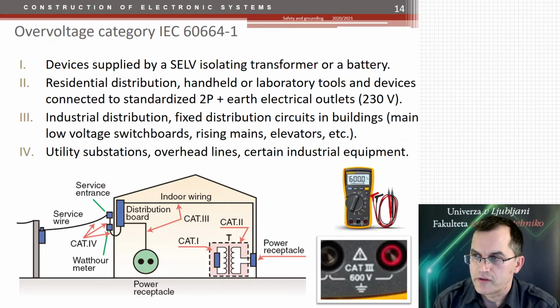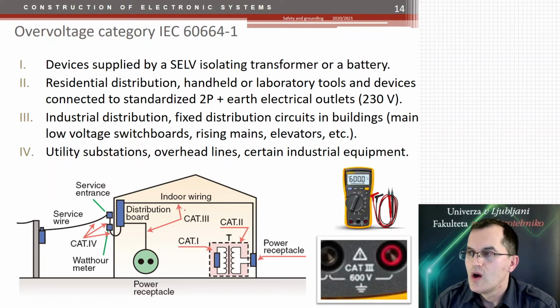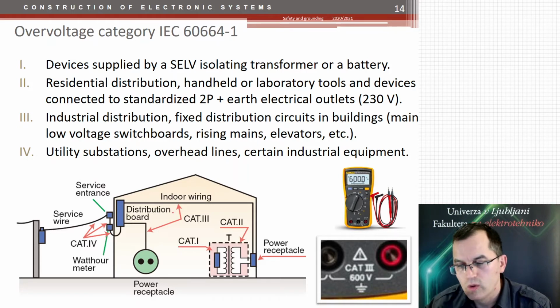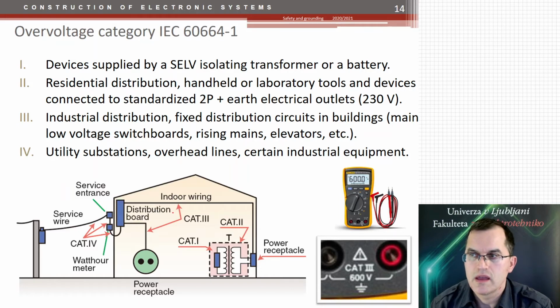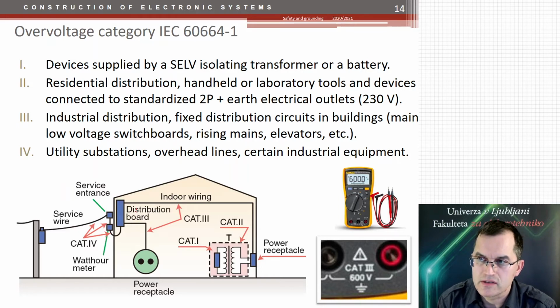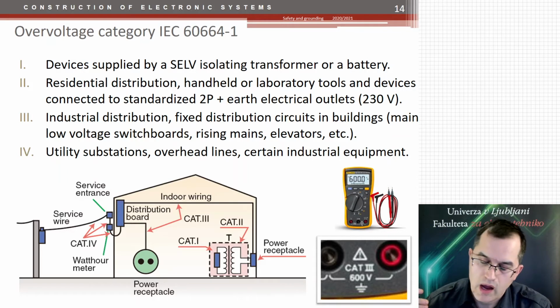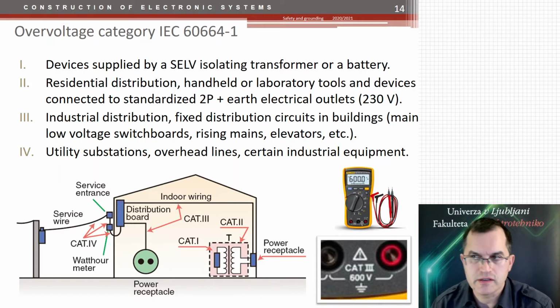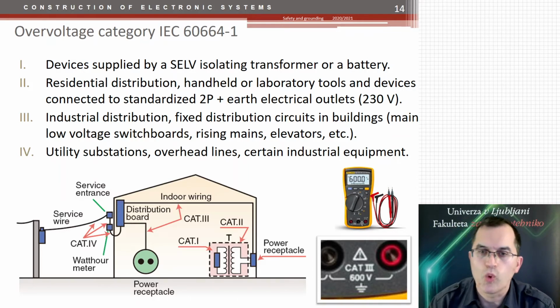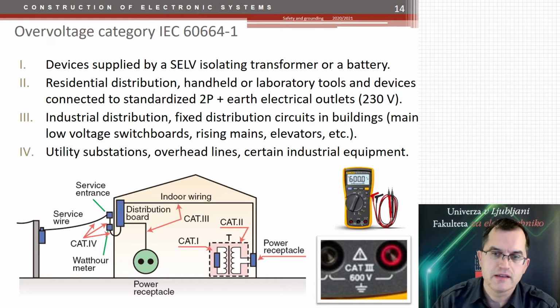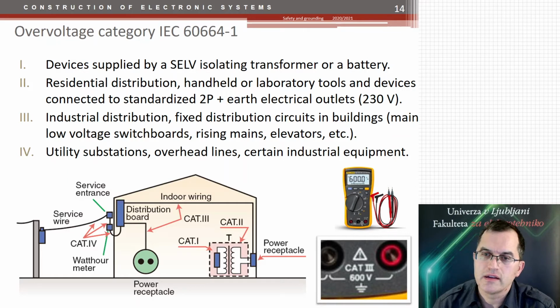Category 3 would be industrial or fixed distribution circuits in buildings, such as all the devices indoors behind the distribution board or the fuse panel that are either used in an industrial environment, or are connected in a fixed manner.